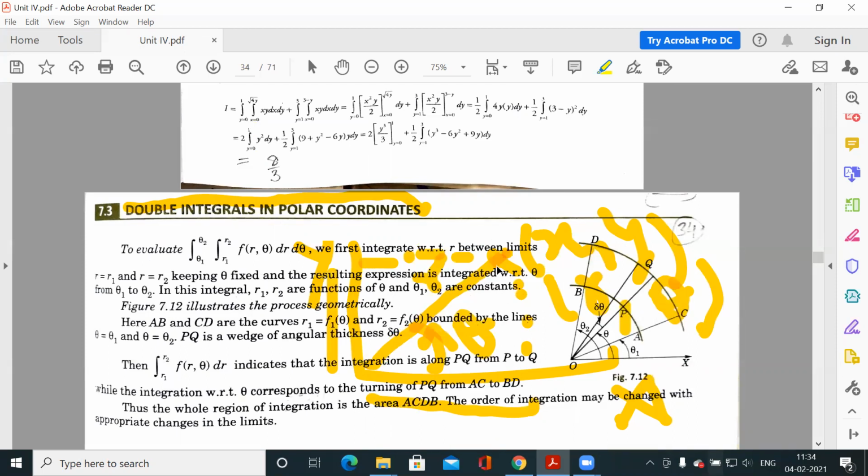So either we write (x, y) or (r, theta). (x, y) is Cartesian form and r and theta is polar form. So the notation is different. Now we will evaluate double integrals in polar form. The function is now in terms of r and theta, and the limits are with respect to r and with respect to theta. So there is no difference.